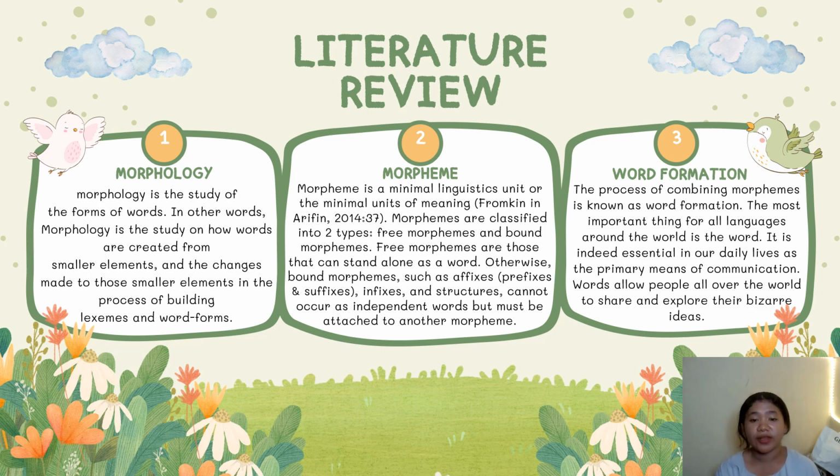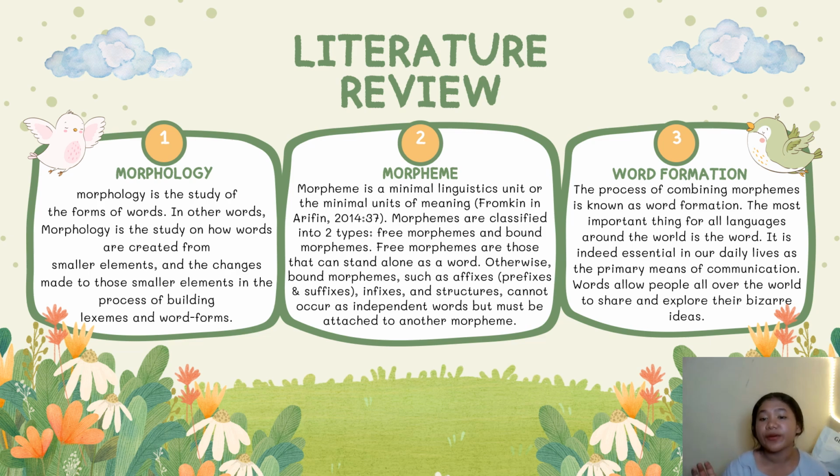Morphemes are classified into two types: free morphemes and bound morphemes. Free morphemes are those that can stand alone as a word. Otherwise, bound morphemes such as affixes, prefixes, suffixes, and infixes cannot occur as independent words but must be attached to another morpheme.